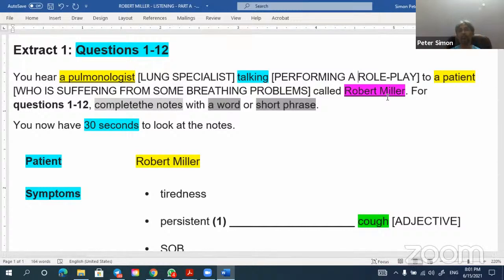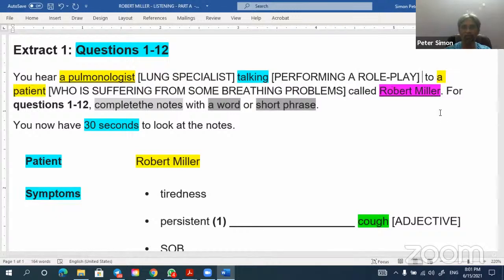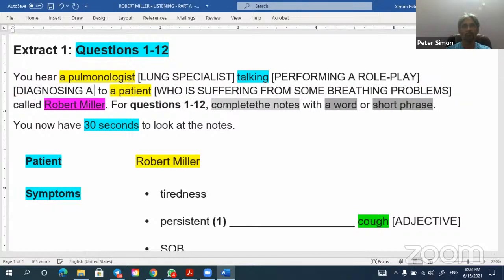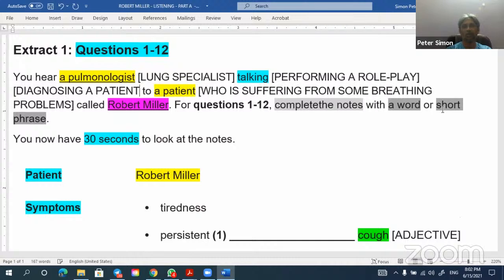So this may be something like diagnosis of the patient. He's diagnosing a patient.